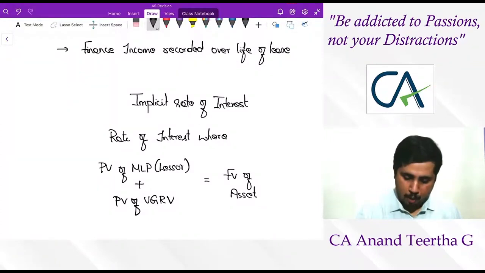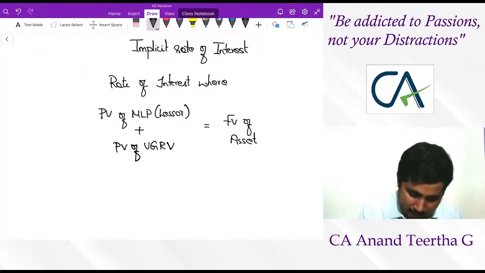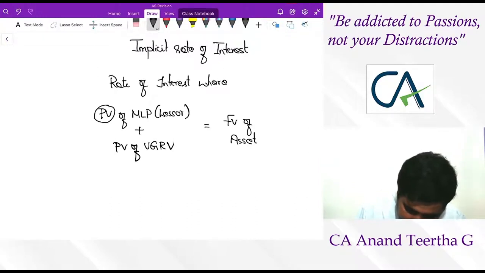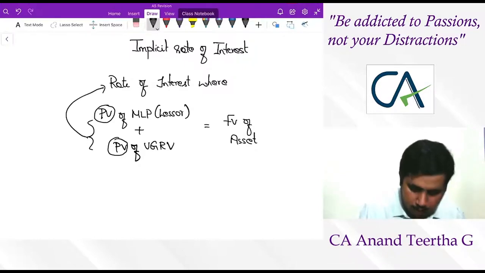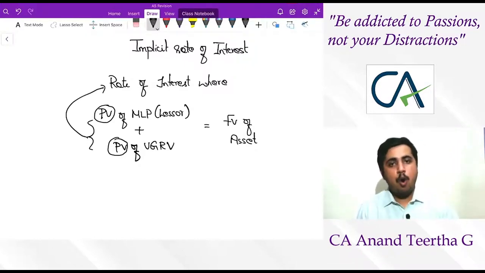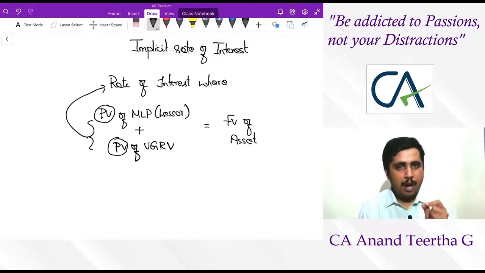Now the point is, it basically means: what is the discounting rate? That is going to be your implicit rate of interest. So at what discount rate, if you apply, will the present value of MLP lessor and UGRV be equal to the fair value of the asset?